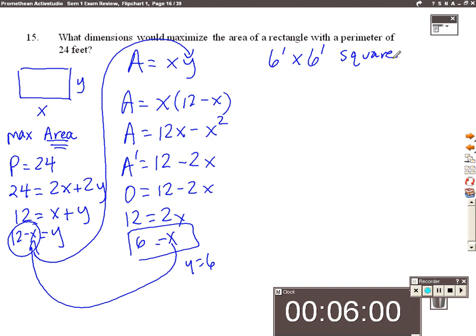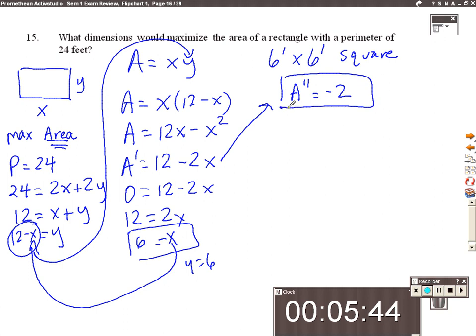Now remember, to verify that this is a maximum, I can come back to this point and find the second derivative. The derivative of 12 is 0, and the derivative of negative 2x is negative 2. Now I notice that the second derivative is negative.